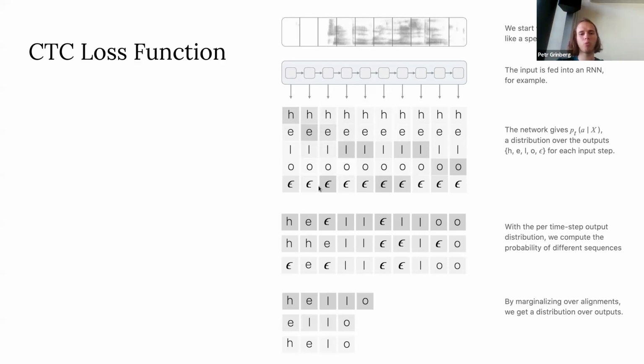So one path may look like this, H, A, epsilon, L, L, epsilon, something. Another may look like this, another may look like this. And all these paths have different probabilities, which are calculated by a simple equation.